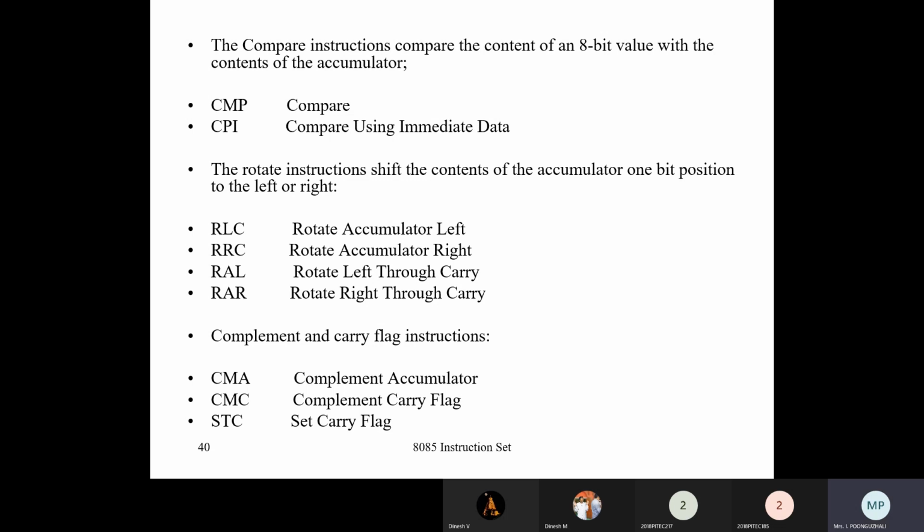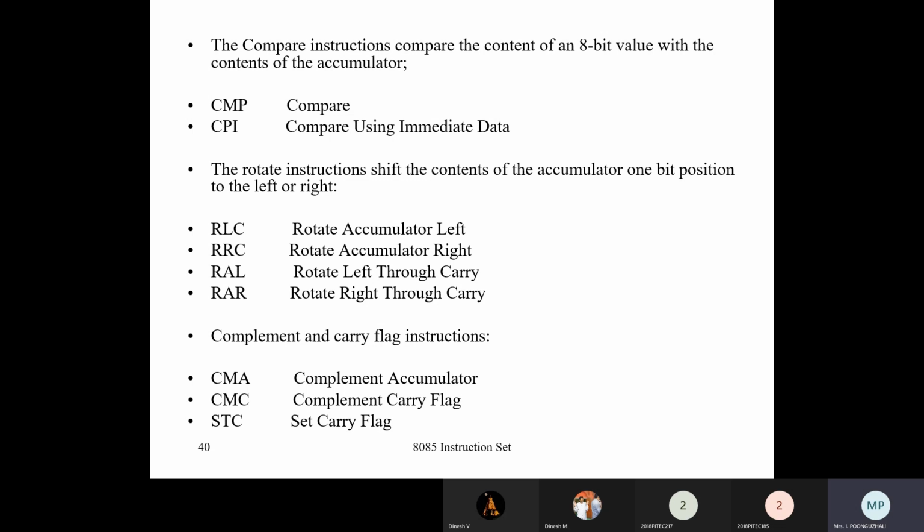When we do A minus B, if A is greater, no flag will be set. All the flags we saw, carry flag, parity flag, auxiliary carry flag, will all be 0. The flags I will check are the carry flag, the sign flag, and the zero flag.